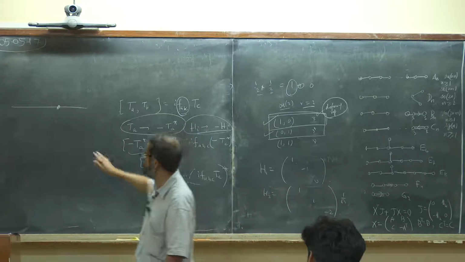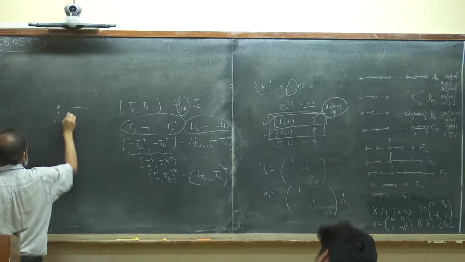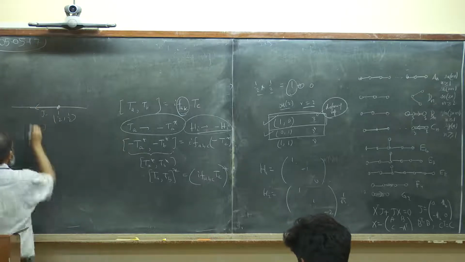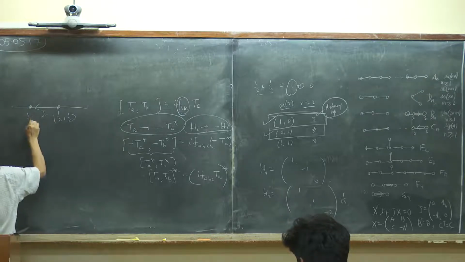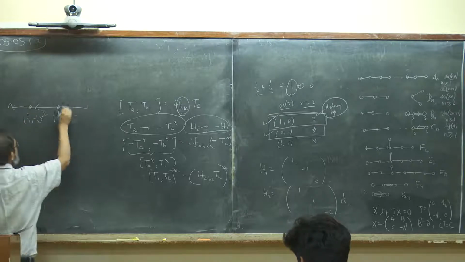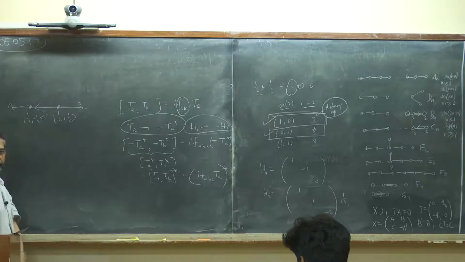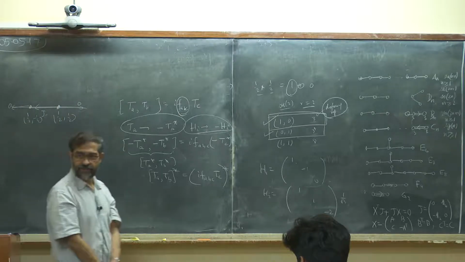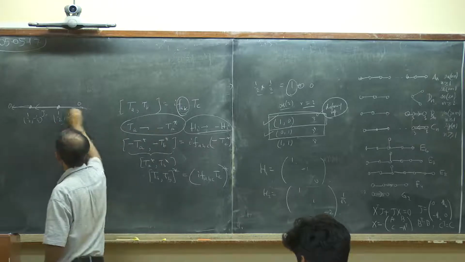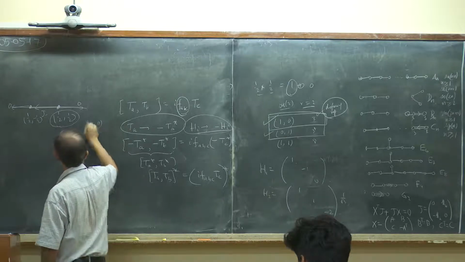Because if I take the highest weight vector, namely half comma half, and apply J minus once, I get this, but application of this further gives 0. So the length of this is 1. So the Dynkin label of the spin half representation is 1.